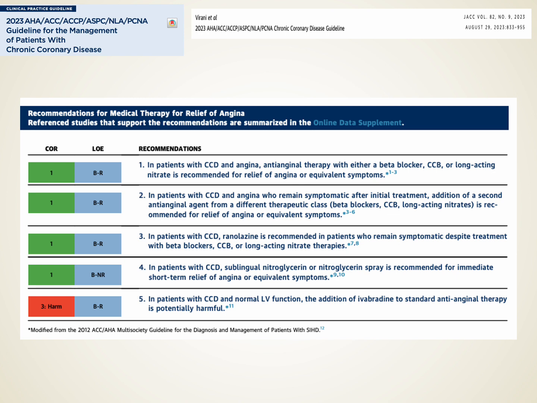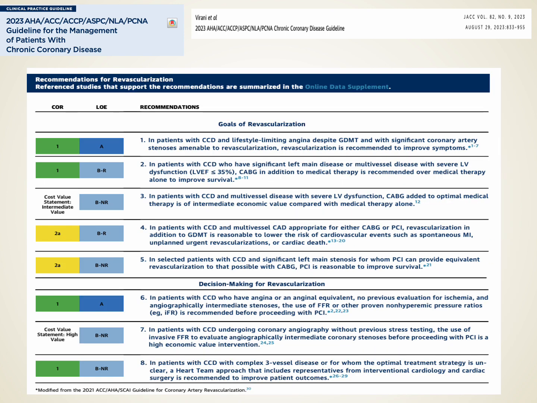The remaining recommendations would probably be in the domain of cardiology service to look at where each of these modalities might fit. And the recommendations for revascularization, the goals of revascularization, and the goals for, in the next slide, patients who might be candidates for a CABG or something.